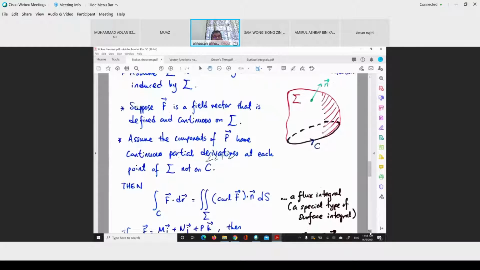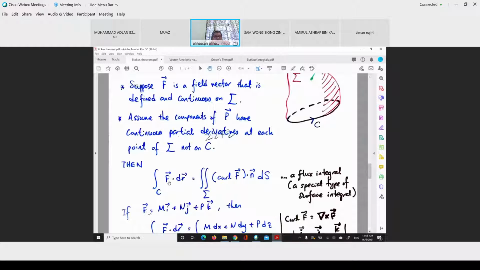Here is Stokes' theorem. There's a line integral here. Remember, the integral on the left is a line integral. We have solved this line integral using the parametrization method, also by using Green's theorem.